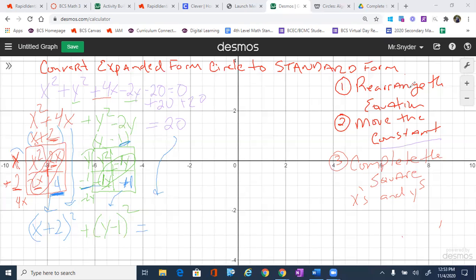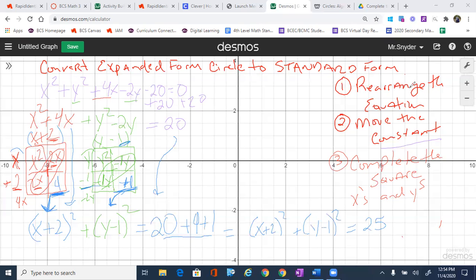I take that 20, and because I accounted for the 4 over here on the left and the 1 over here on the left, I filled it into those boxes, I'm going to add them to the other side as well. So the equation is balanced. So plus 4 and plus 1. Now we just rewrite the equation, which is x plus 2 squared plus y minus 1 squared equals 20 plus 4, which is 24, plus 1 is 25.